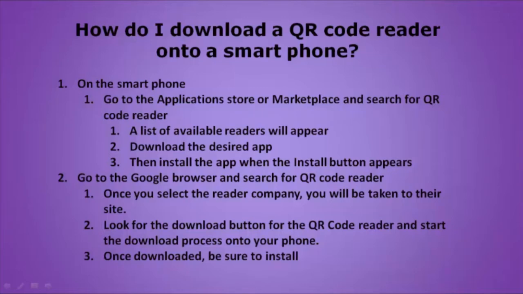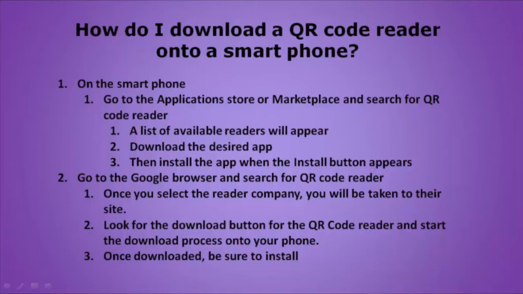There are basically 2 ways that you do this. On the smartphone, you can go to the application store or marketplace and search for a QR code reader. A list of available readers will appear, and then you just download the desired app. Then install the app when the install button appears.